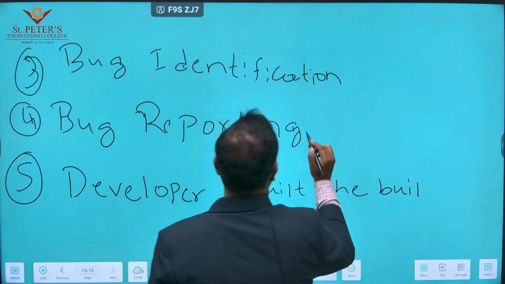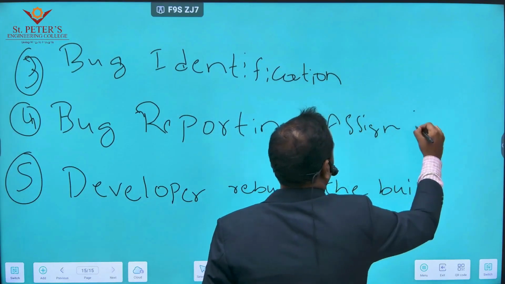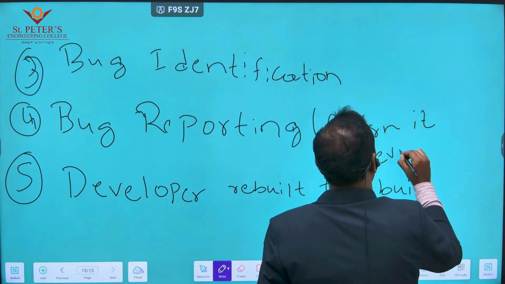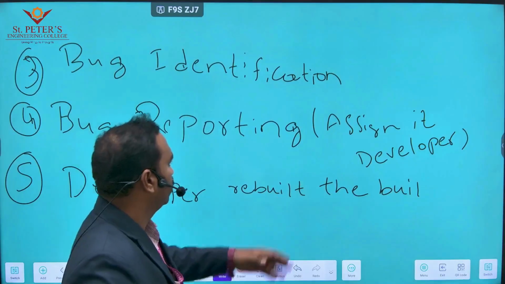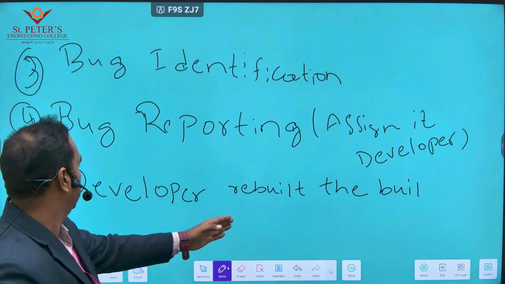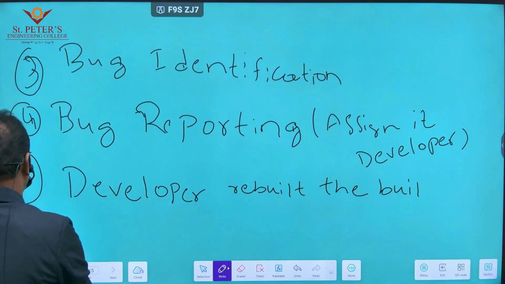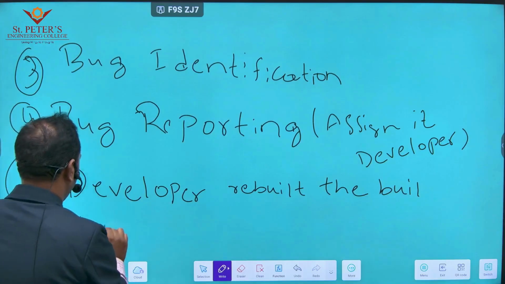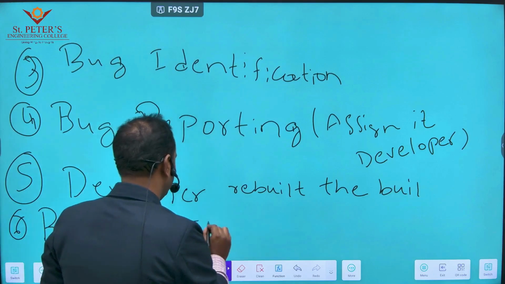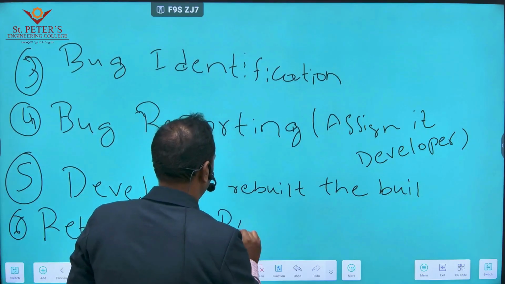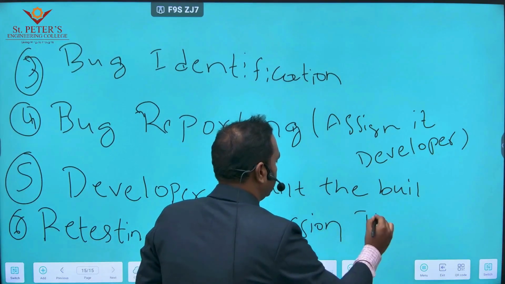In bug reporting, if there are any bugs, you assign them to the developer. After assigning to the developer, the build is rebuilt and you retest the application. Retesting, and after that regression testing.